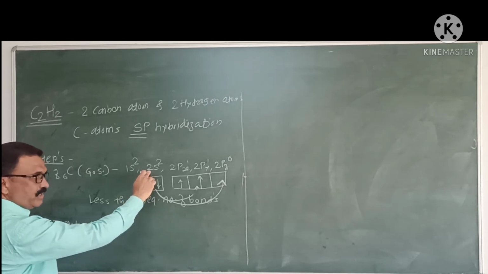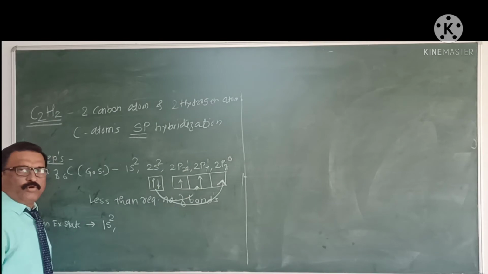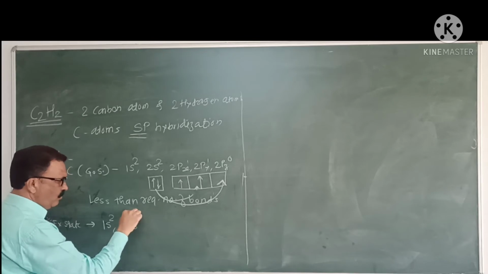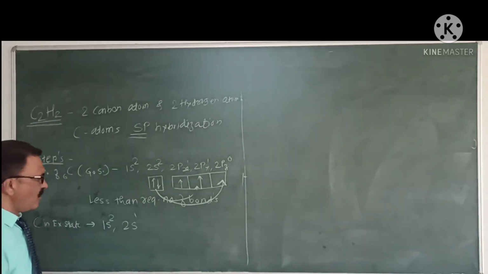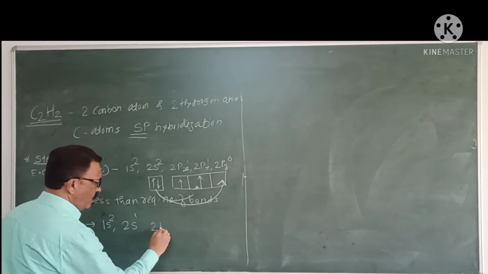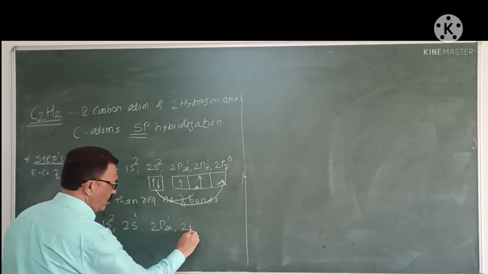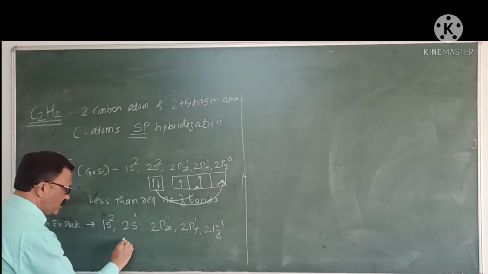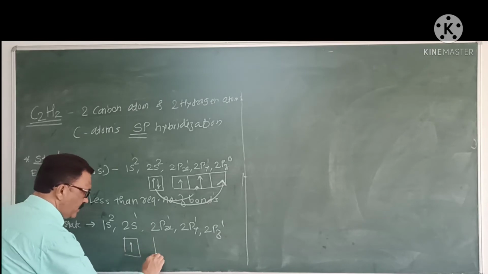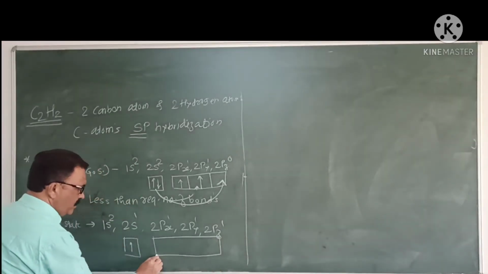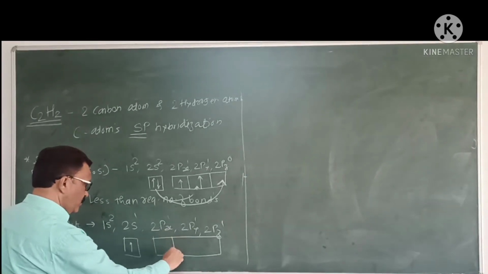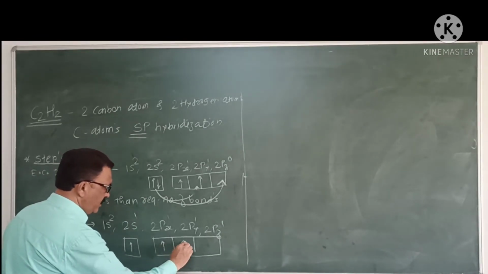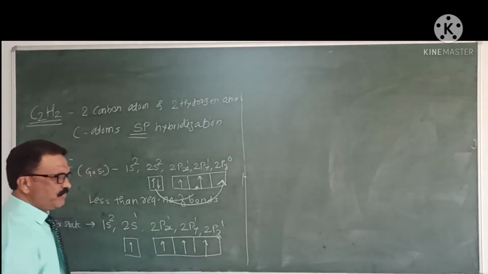Okay, we can write it: 1s2. Then out of 2s2, one electron is promoted into 2pz0, and hence there will be only one electron in the 2s orbital. Then 2px1, 2py1 and 2pz1. A box diagram: 2s1, and a p shell having 3 orbitals along 3 axes, 2px1, 2py1 and 2pz1.